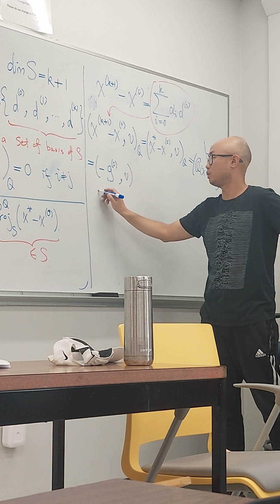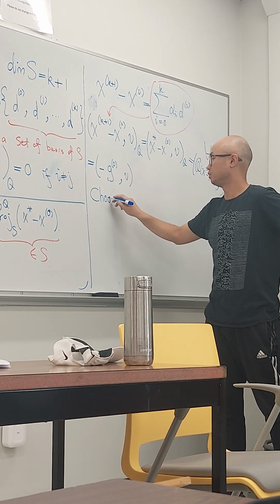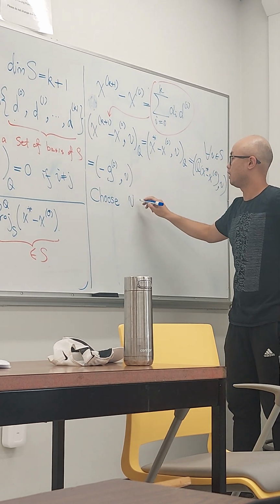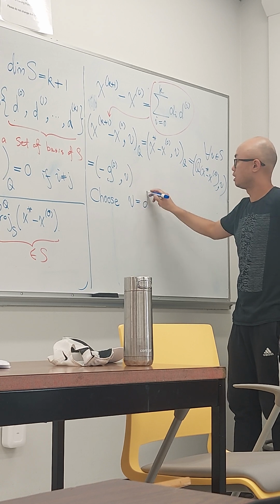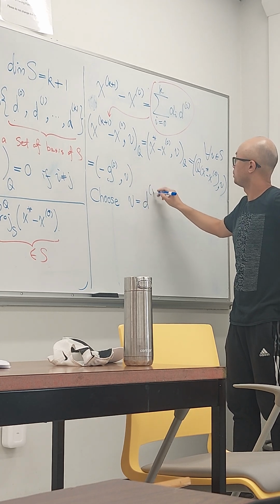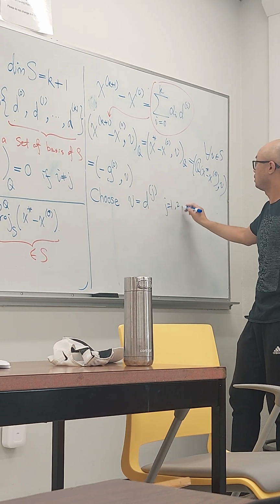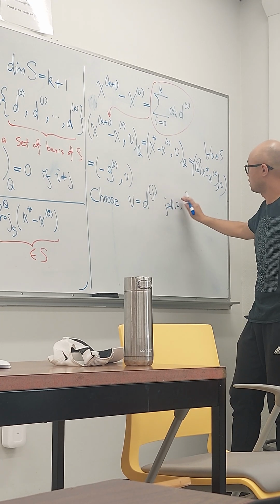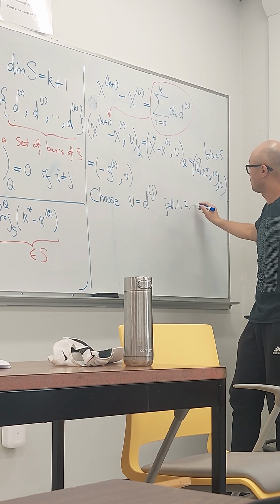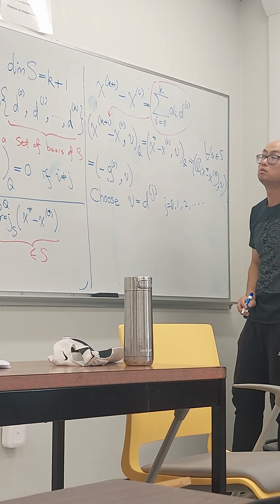And we choose v to be d superscript j, where j is 0, 1, 2, and so on.